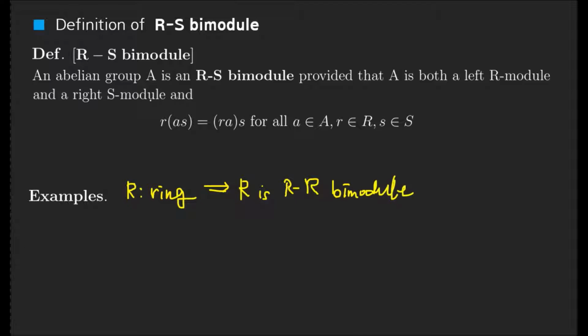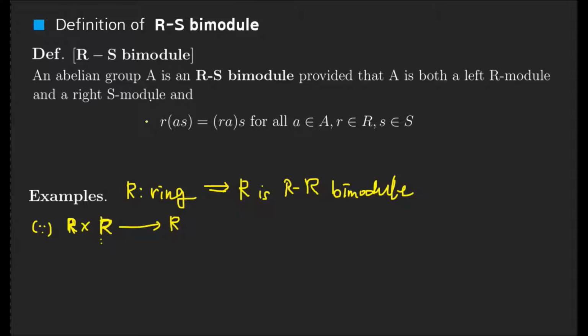This is clear because, when you consider R to R, all the notation is the same. Since R is an additive abelian group, R is a left R-module, and since R is also an additive abelian group, R is also a right R-module.